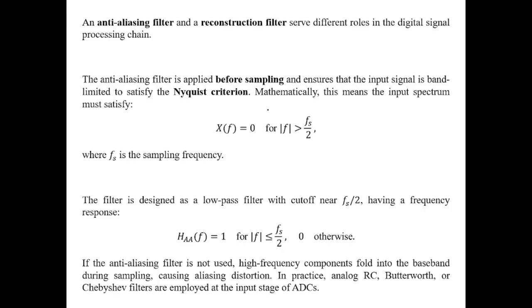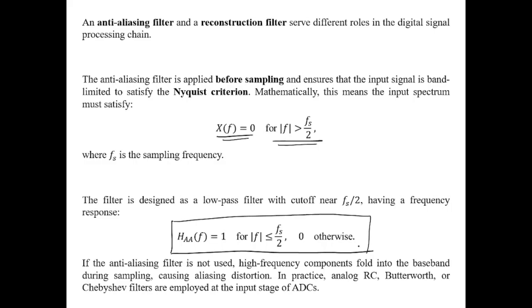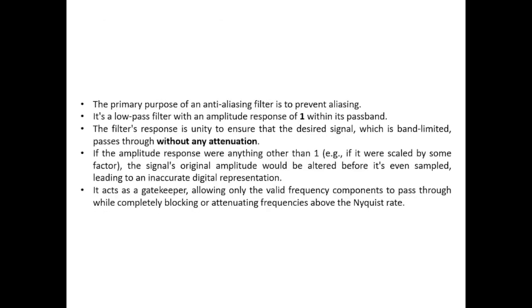If you see, X(f) should be 0 at frequencies greater than Fs by 2. For the anti-aliasing filter, your equation is H_AAF(f) equal to 1 for modulus of f less than or equal to Fs by 2, and 0 outside. The primary purpose of the anti-aliasing filter is to prevent aliasing.